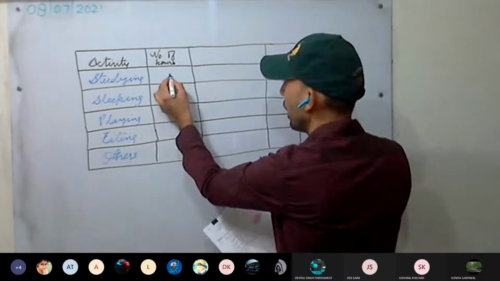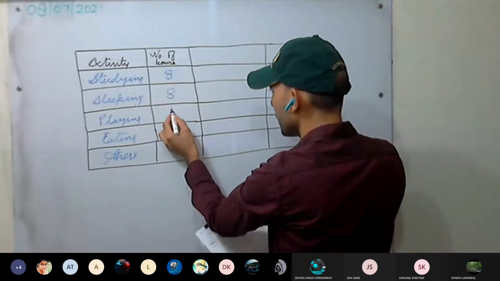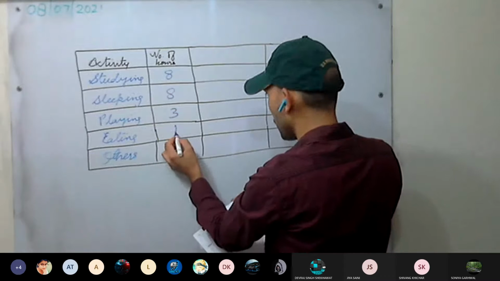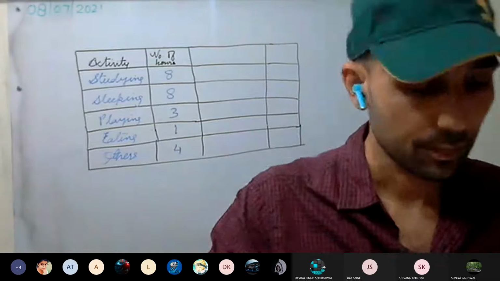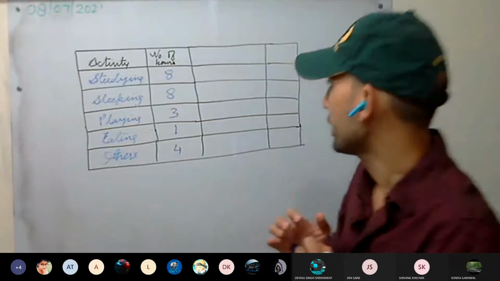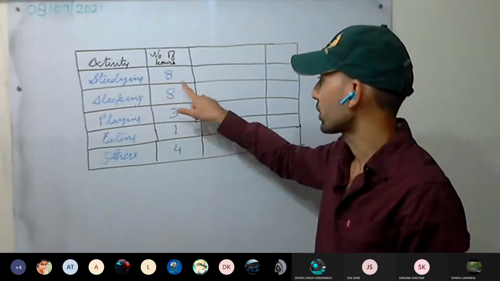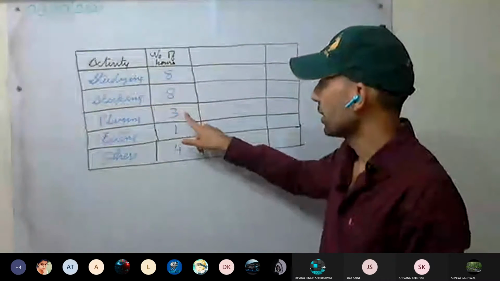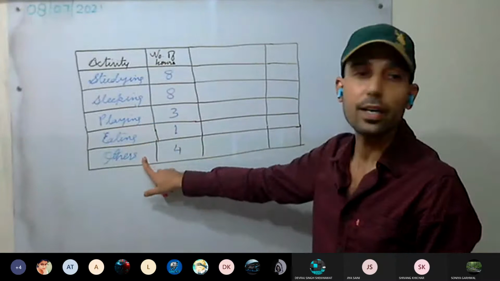Number of hours: 8, 8, 3, 1, 4. So in a day he spends 8 hours studying, 8 hours sleeping, 3 hours playing, 1 hour eating, and 4 hours in other activities.